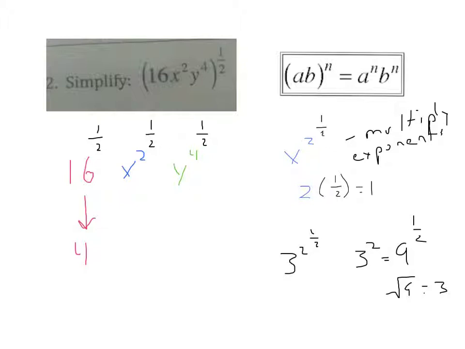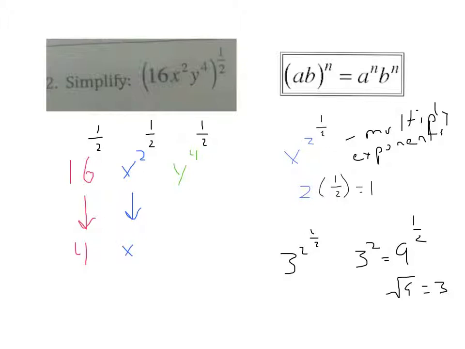So when we tested out a number, we found that it also worked. All we need to do is just multiply the two different exponents. And that's how we can simplify. So x squared raised to the 1/2 is just x to the 1, or x.